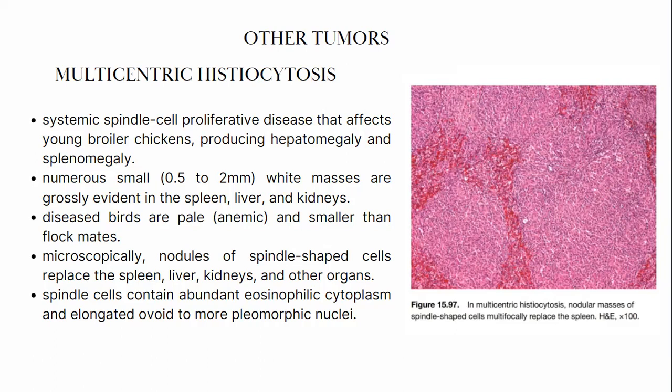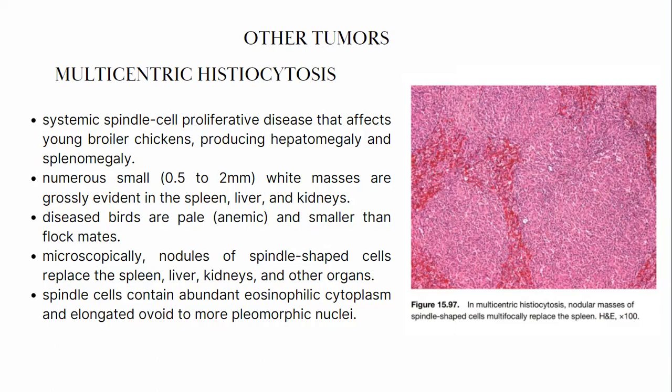Numerous white masses are grossly evident in the spleen, liver, and kidneys. Affected birds or poultry are pale or anemic and smaller than flock mates. Mas maliliit sila kaysa sa mga kasama nila.